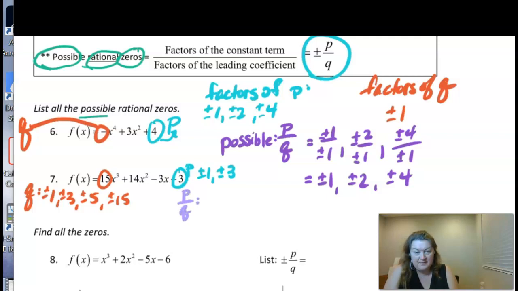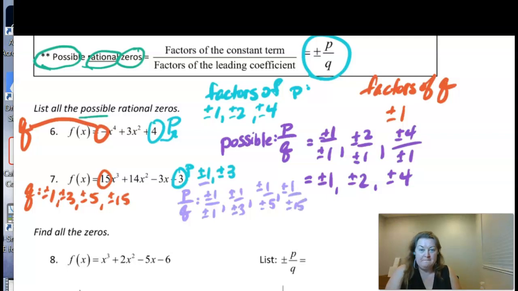Okay, so this time I'm going to start out with this 1 and put it over each one of those numbers. So I'm going to have plus or minus 1 over plus or minus 1. I'm going to have plus or minus 1 over plus or minus 3. I'm going to have plus or minus 1 over plus or minus 5. I'm going to have plus or minus 1 over plus or minus 15. Okay, and you're not going to write them with all these plus or minuses.